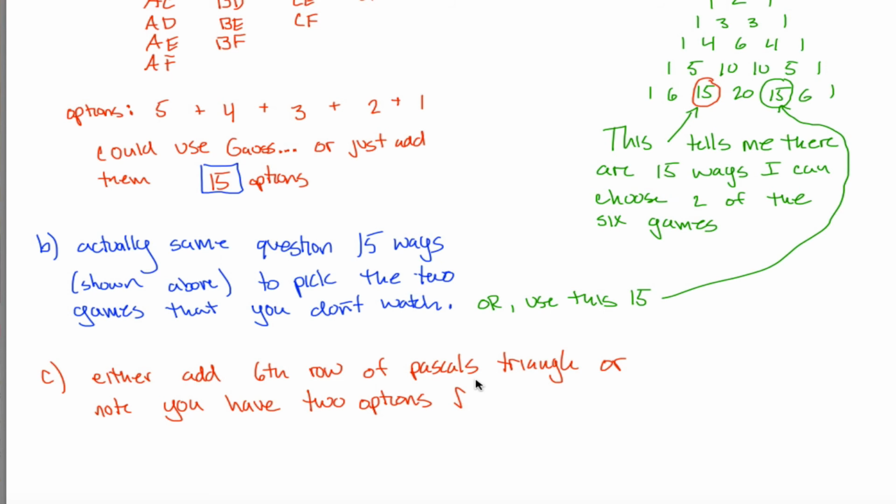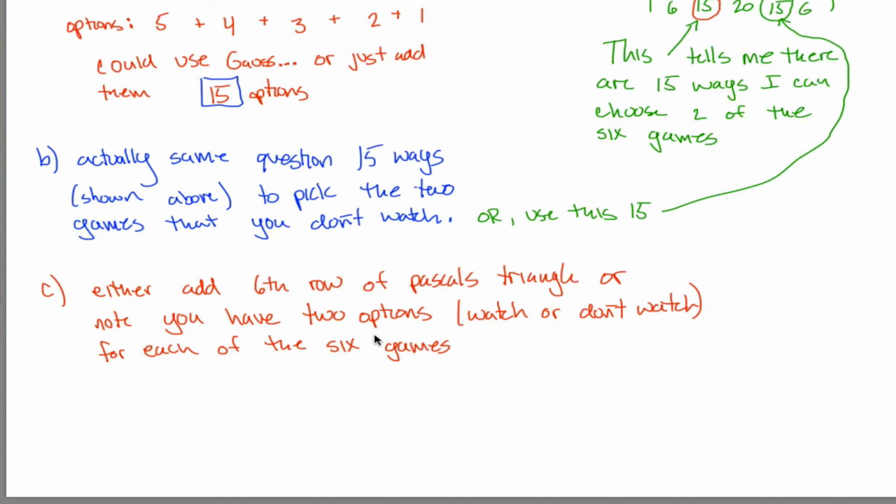Either to watch or to not watch, for each of the 6 games. So what that means is you have 2 times 2 times 2 times 2 times 2 times 2. And that is 64.